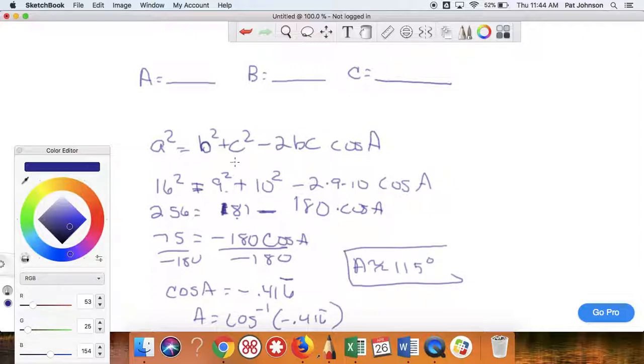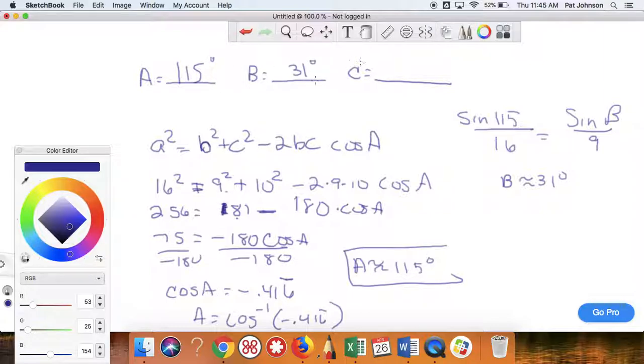All right, so A is 115 degrees. So now I can use the law of sines to find B and C. I'm going to do sine of 115 over 16 is equal to the sine of B over 9. I use cross multiplication and solve, and I get B is approximately 31 degrees.